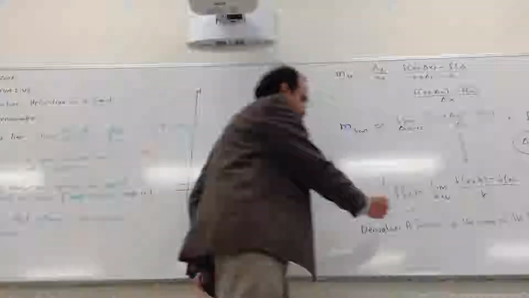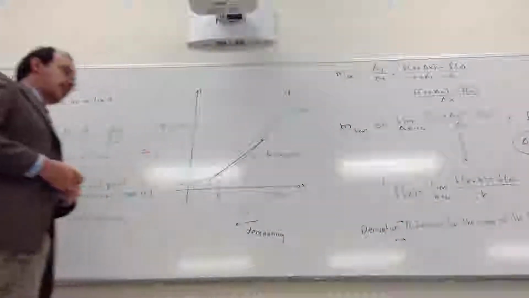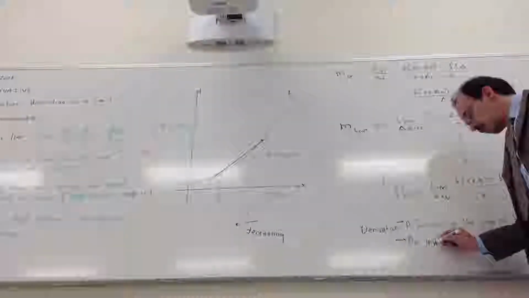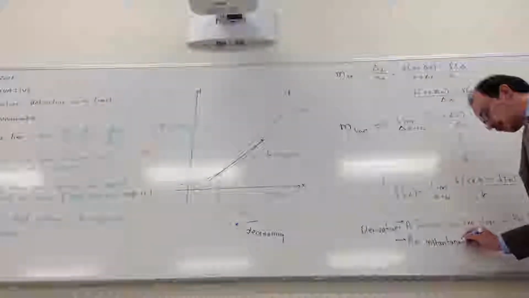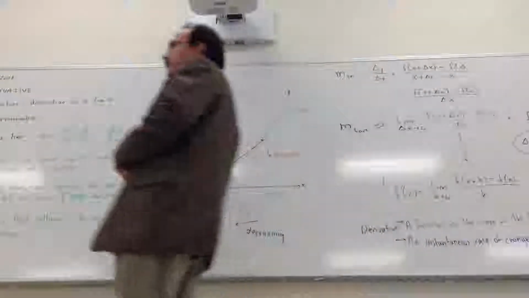That's one definition. The second definition, that you already checked in your projects supposedly, is that the derivative is going to be an instantaneous rate of change. What do I mean by instantaneous?